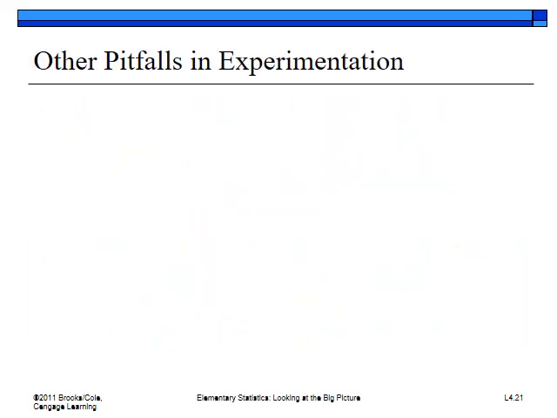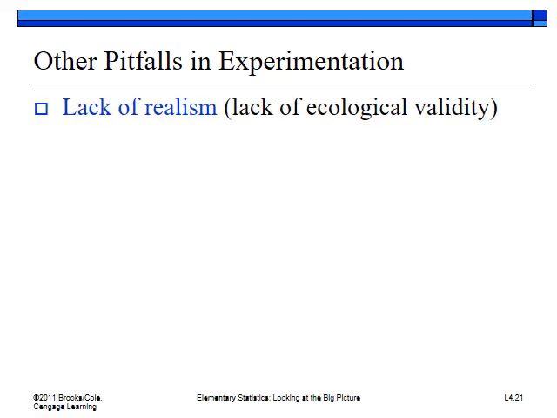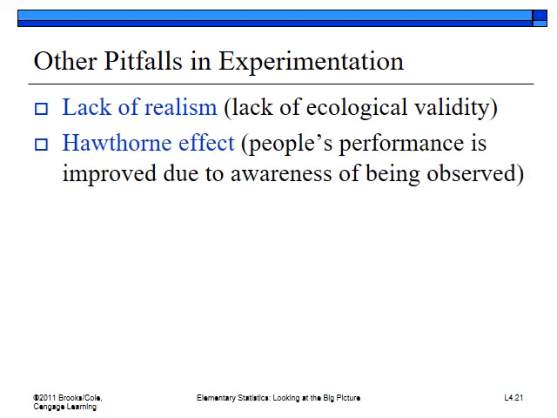There are some other troubles that we can run into when we are running an experiment. First is a lack of realism. If the situation that we place the participants in is not realistic, it may be hard to draw valid conclusions. Next, the Hawthorne effect, which is the effect of subjects changing the way they behave because they know that someone is watching them.